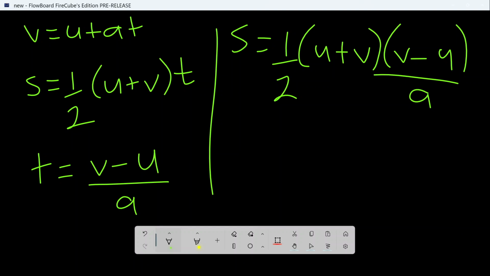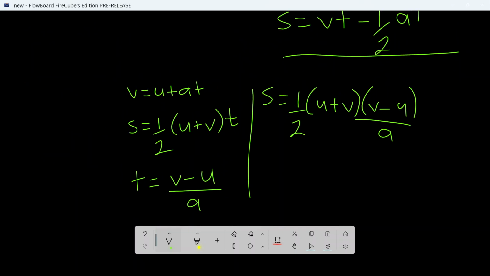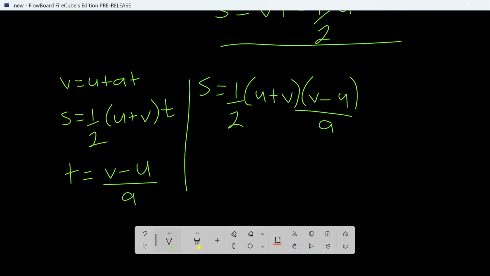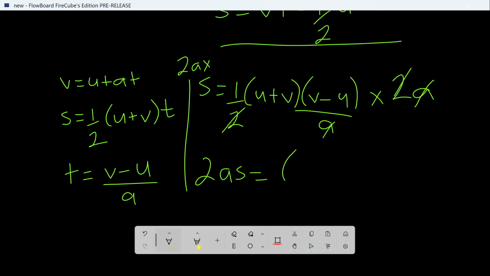So the first thing we can do is to remove these two denominators, the a half and the a. So if we multiply this side by 2a, then we'll also have to multiply this other side by 2a. So on this other side we'll have 2as is equal to, well, this 2 cancels out with this 2, and this a cancels out with this a, is equal to u plus v brackets v minus u.